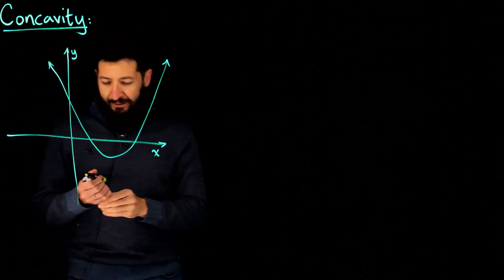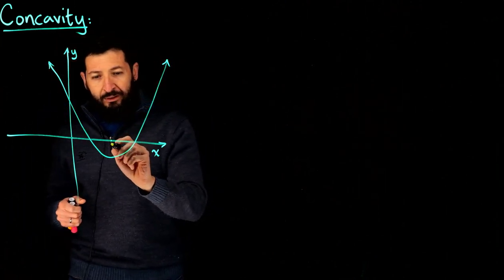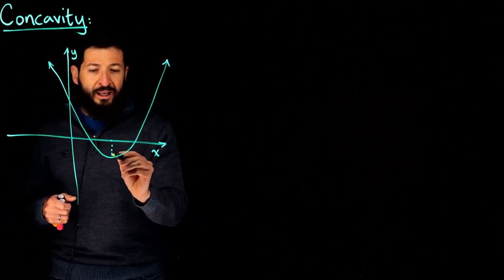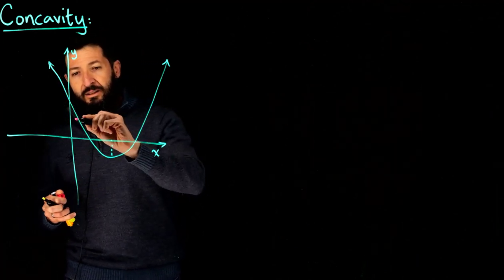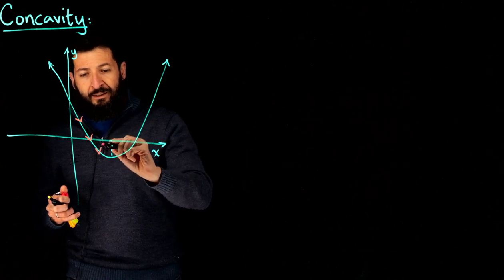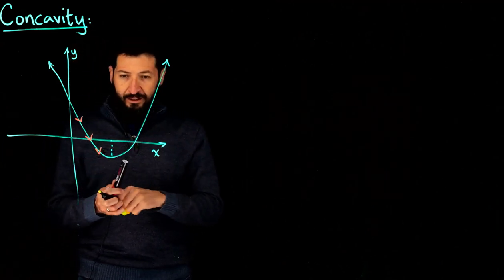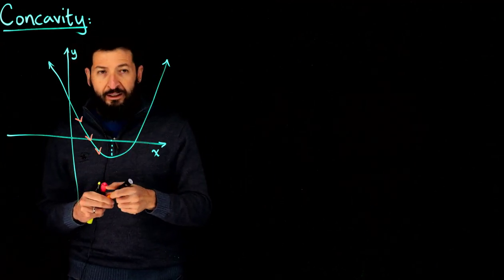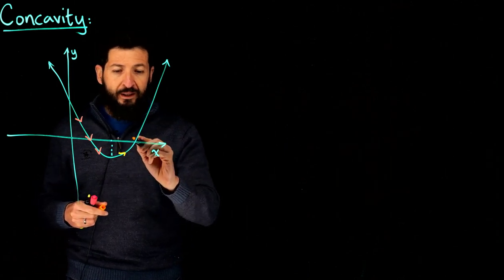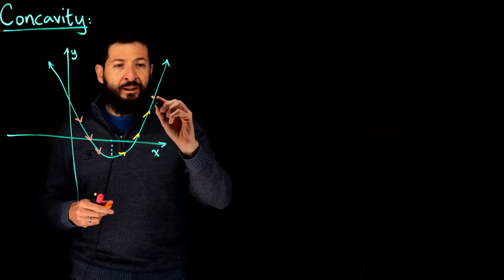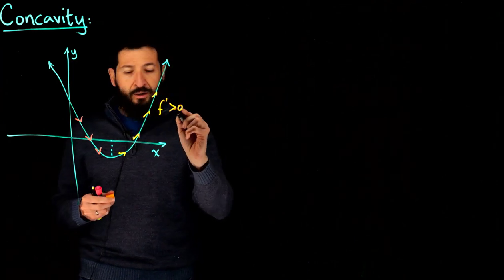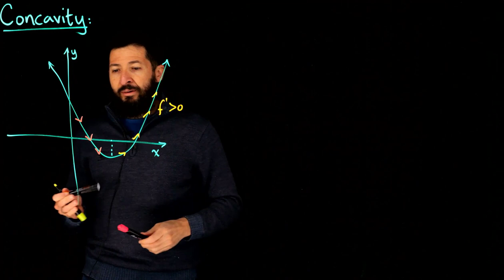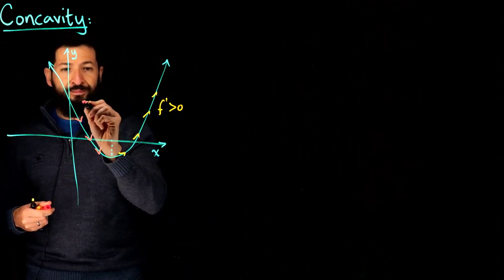And we had that at this point the function went from decreasing here on the left hand side to increasing on the right hand side of that critical number, and that was characterized by the derivative being either positive or negative.